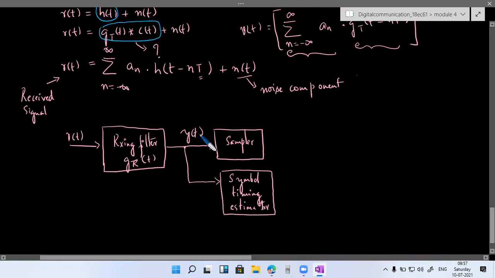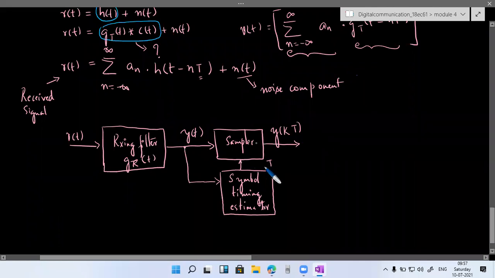So what we are trying to do is sample this y of t, and this y of t itself is providing us with information about timing, so when it has to be sampled. When this y of t is made to go through the sampler, in turn we'll get the sampled y of t equal to y_k, where this capital T indicates we are sampling at a gap of T seconds.